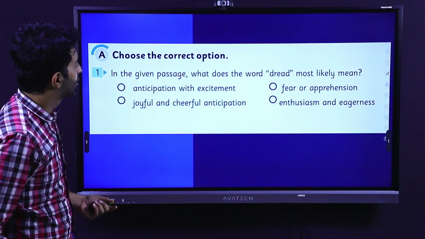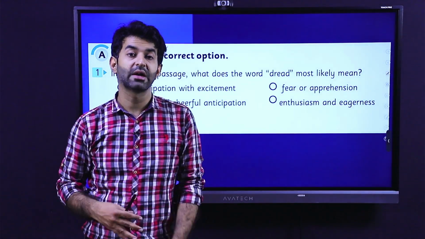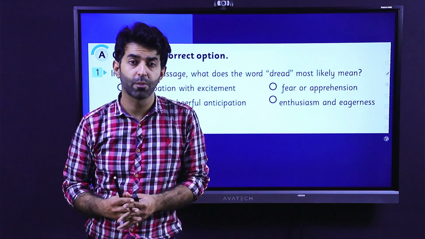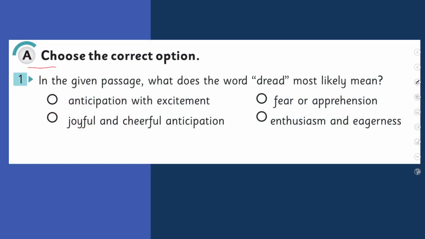Now, students, we have some MCQs attached with the main lesson of the book. If you open your book on the page that we are currently on, you can see that you have to choose the correct option out of these different MCQs. In the given passage, what does the word dread most likely mean? Dread means anticipation with excitement, joyful and cheerful anticipation, enthusiasm and eagerness, or fear or apprehension.